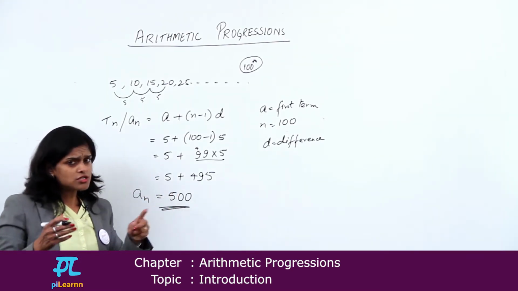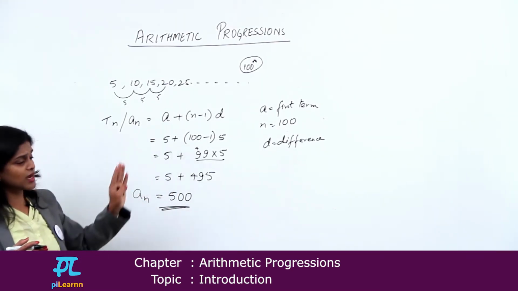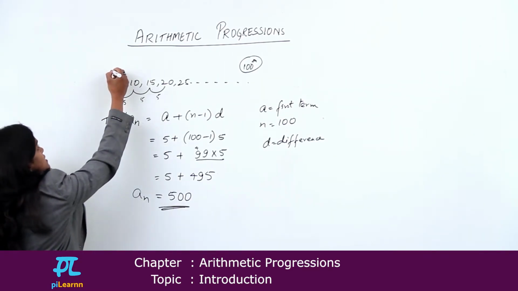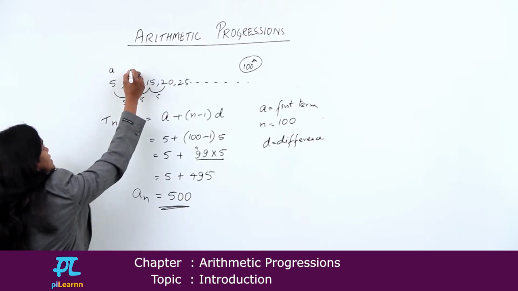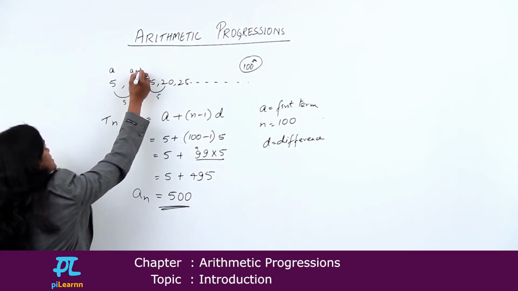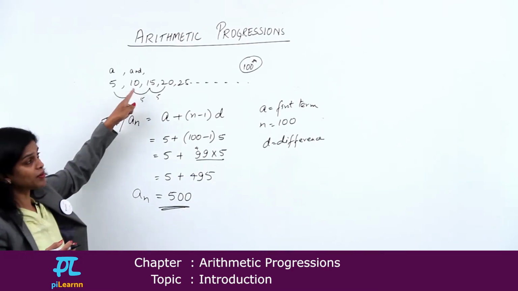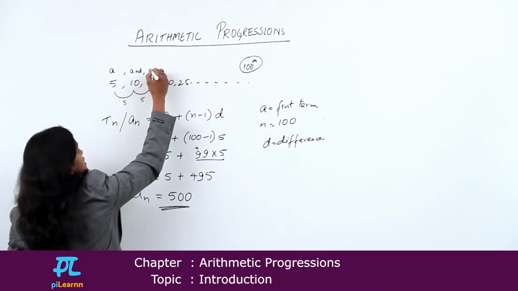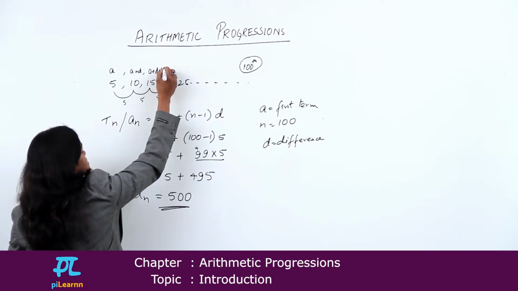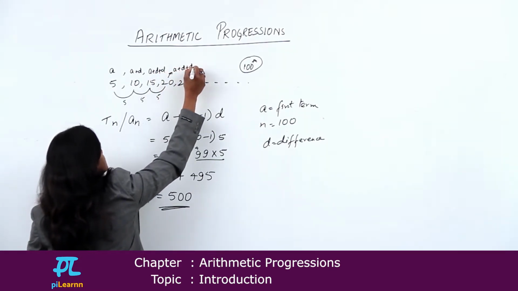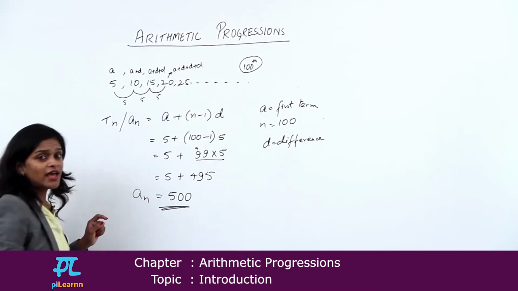But you can also know how to derive this formula. See, this is A, this is A plus D. That's how we try to note it. A plus D. This becomes A plus D plus D. And this becomes A plus D plus D plus D. Can you see that?